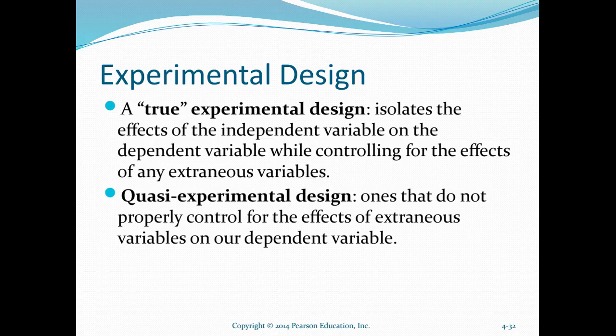So basically, it will not help us to understand the phenomena. That's why it's very important that we understand and develop a research design that will not be jeopardized by extraneous variables.